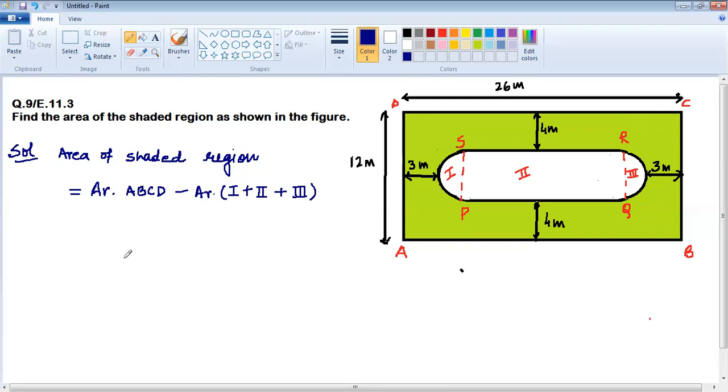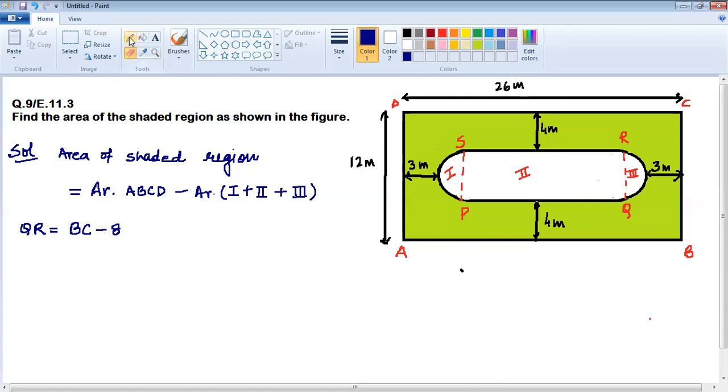Now to find area 1 and 3, I need the radius of the semicircles, and to find area of part 2, I need lengths PQ and QR. So let us find PQ and QR. As you can see, QR is equal to BC minus this length, that is 4 meter, minus 4 meter, that is 8 meters.